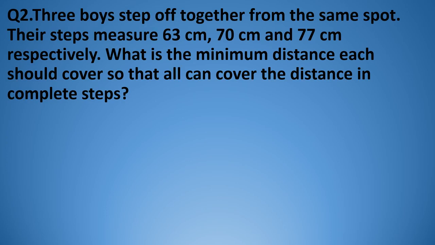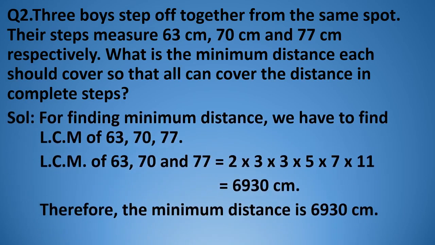Now in this question we have to find the minimum distance. Minimum means lowest, least. The same we find with LCM. What is the meaning of LCM? Lowest common multiple, least common multiple. So whenever the word minimum is there, we have to find the LCM.